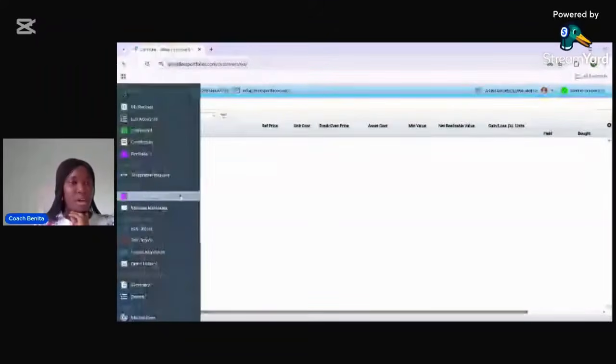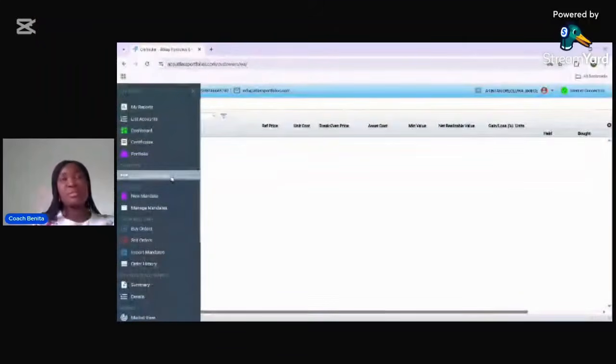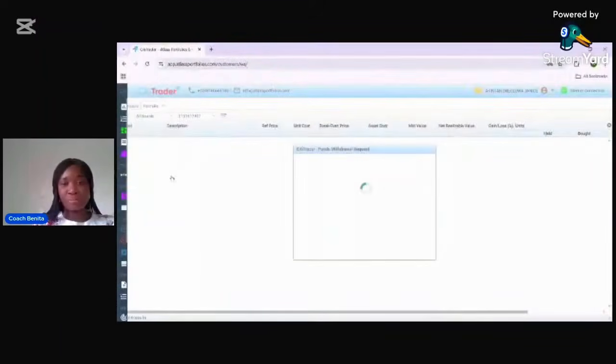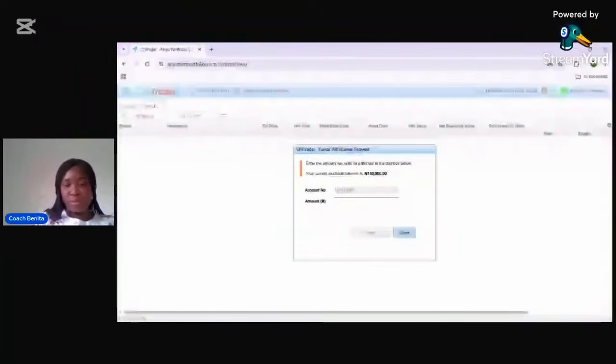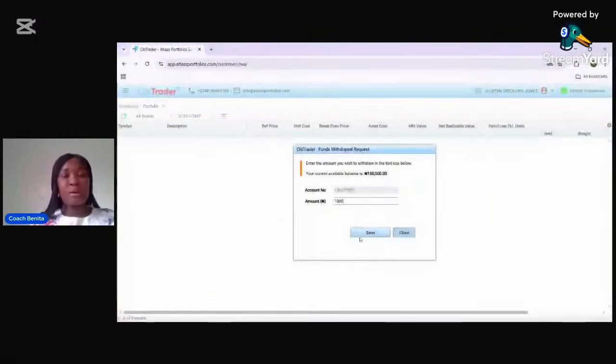Now we have withdrawal request. It means when you have funds in the account and you are ready to take out your funds, you click on withdrawal request, type the amount you want to withdraw here, and send. Let's say I type 1,000 naira and send, it's going to withdraw that amount back into my account.